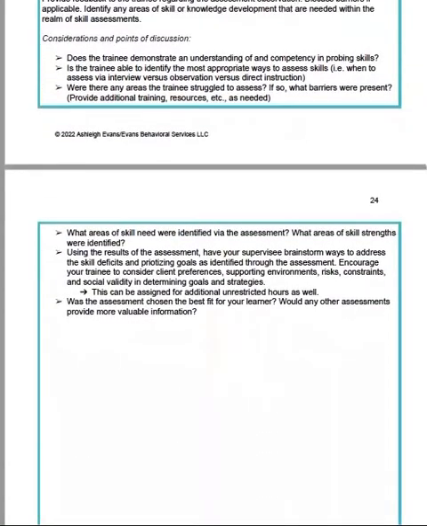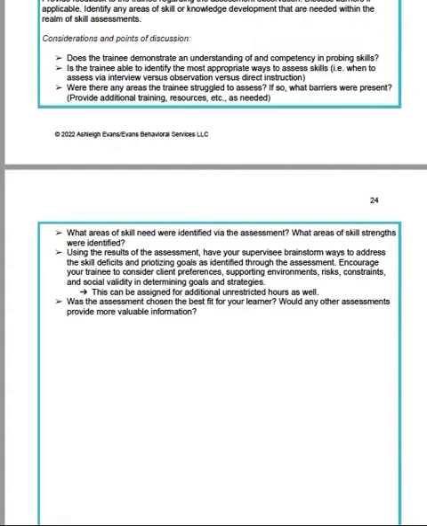What areas of skill need were identified via the assessment? What areas of skill strengths? And then having your supervisee brainstorm ways to address those skill deficits. Oh my goodness, deficits. That word did not want to come out. You can discuss prioritizing goals, as identified through the assessment.